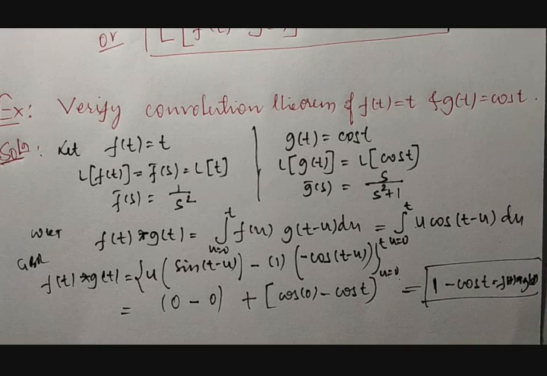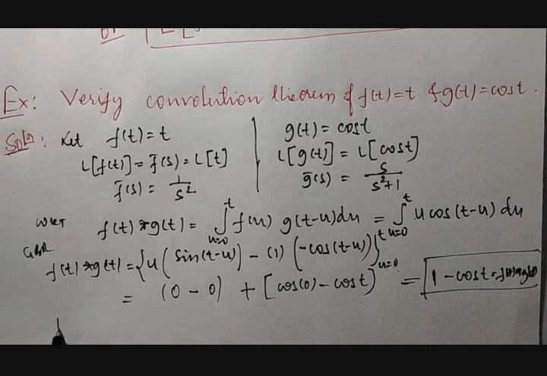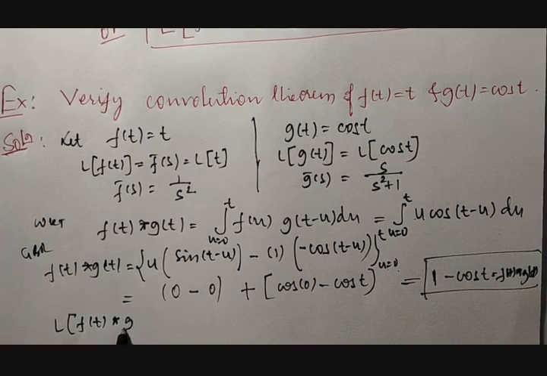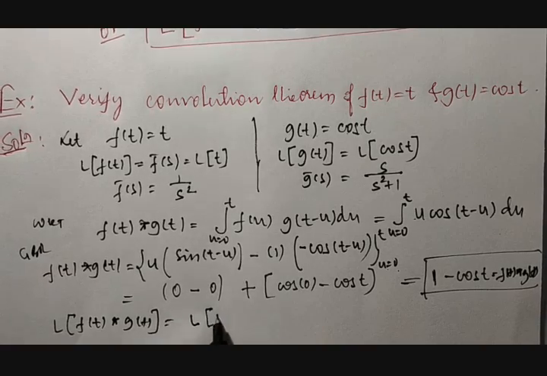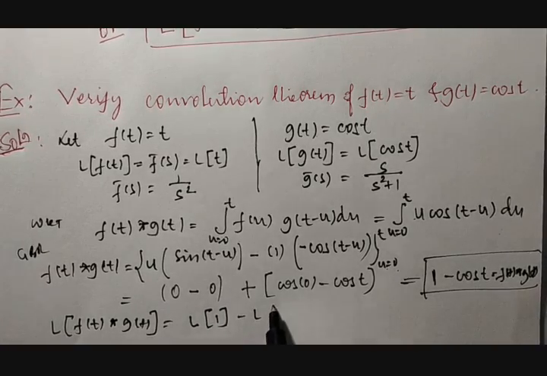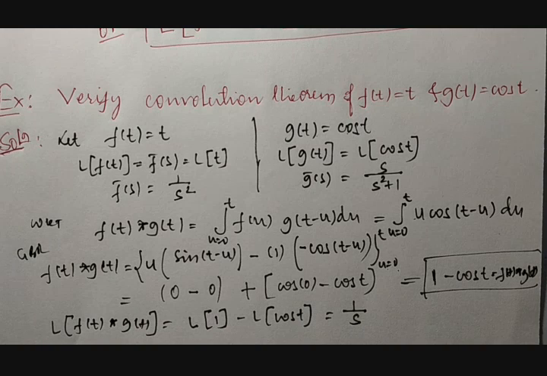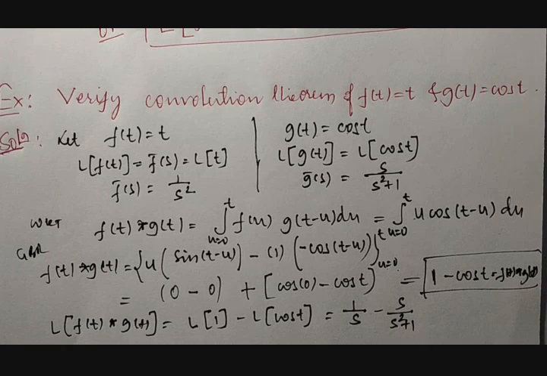Okay, that is one. Second point. Again, we will be applying Laplace on both sides. Then the Laplace transformation of f of t star g of t is equal to the Laplace transformation of 1 minus the Laplace transformation of cos t, which is equal to the Laplace transformation of 1, that is 1 by s, minus the Laplace transformation of cos t, which is s divided by s square plus 1.